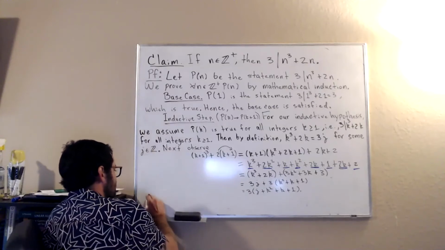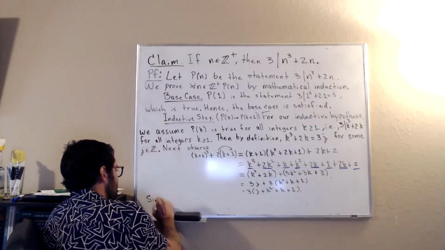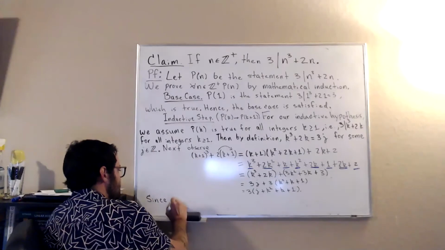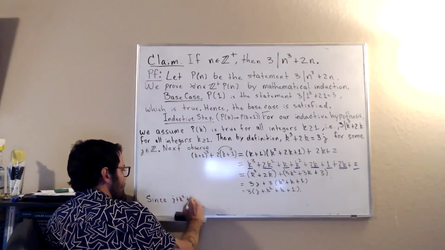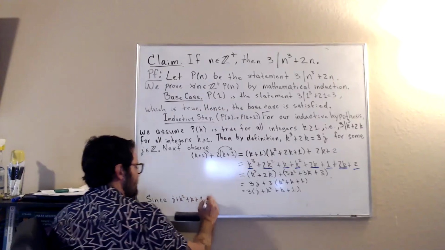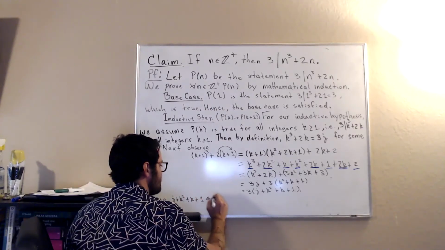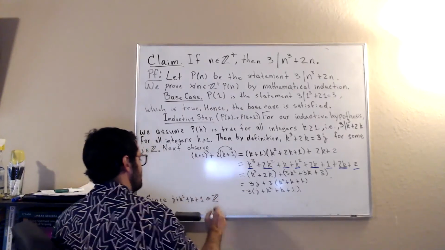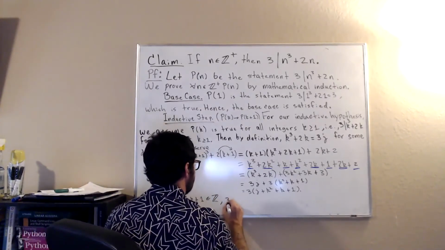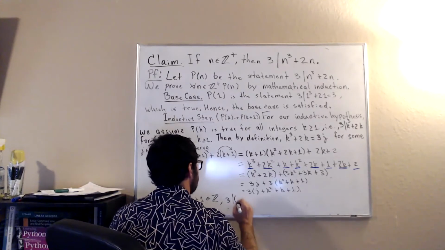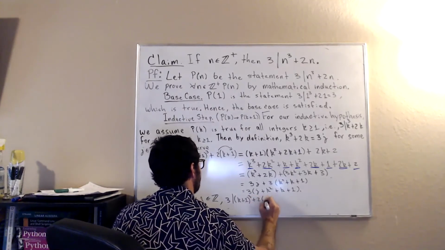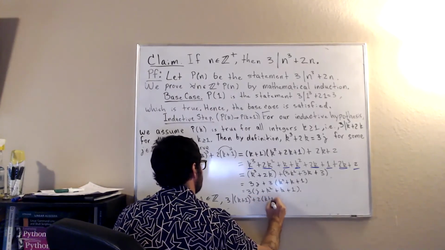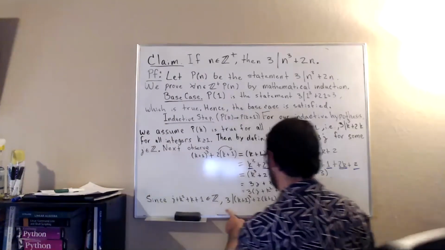And just say that. So since j plus k squared plus k plus 1 is an integer, 3 divides k plus 1 cubed plus 2 times k plus 1 by definition.